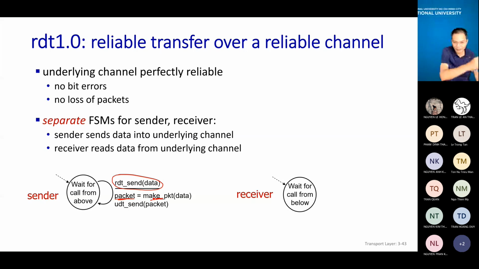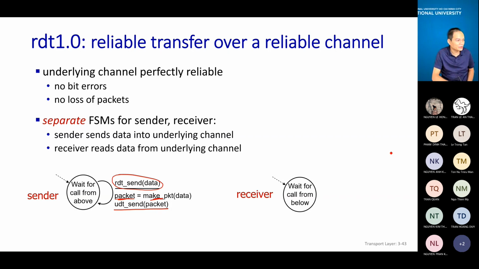And then we call udt_send, one of the interfaces on the sender side. UDT send is unreliable, but in this version 1.0, the underlying channel or network is reliable.